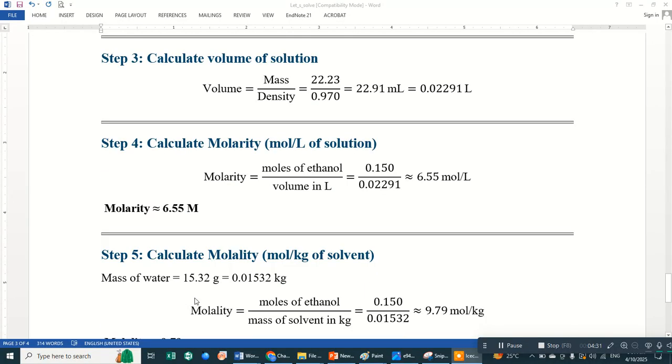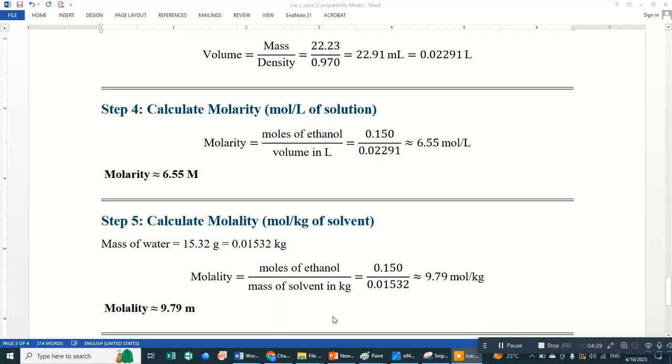Next, we calculate the molality. For molality, we know that it is the number of moles dissolved per kg of solvent. It means in this step we need the mass of the solvent. And what is the solvent? The solvent is water, and the mass of water is 15.32 gram.